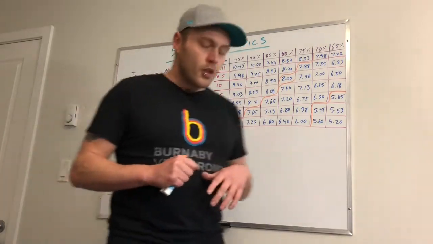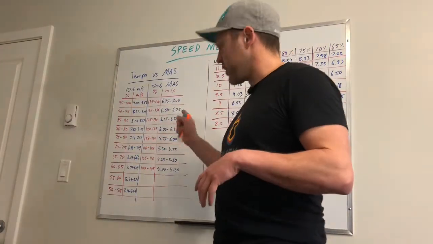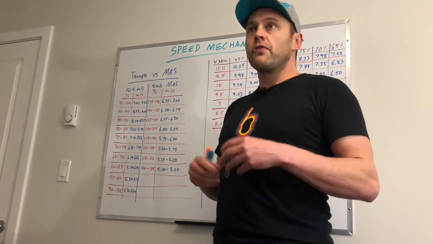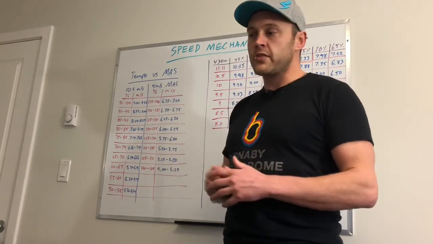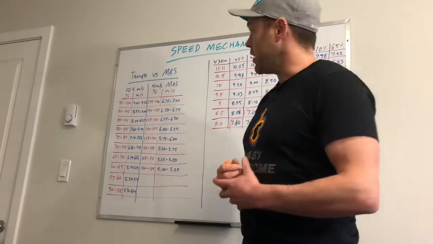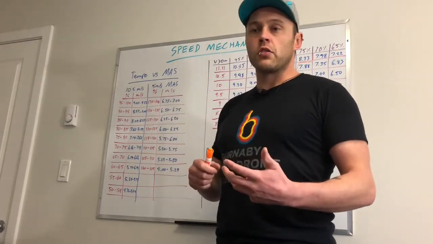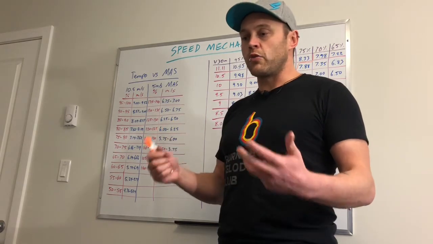So we'll look at the far side of the board here. For those of you that don't know, maximal aerobic speed, that's your MAS, is how fast you're running in an aerobic state.